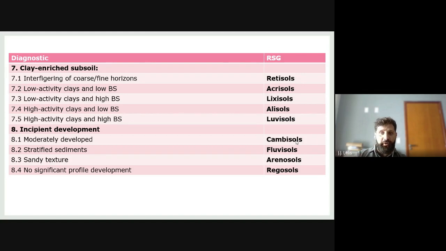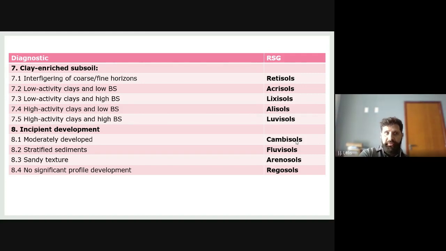So the retisols are those soils where we can find some wavy or even irregular transition between horizons, and this irregular or wavy transition between the horizons marks variation of coarse and fine horizons. Okay?